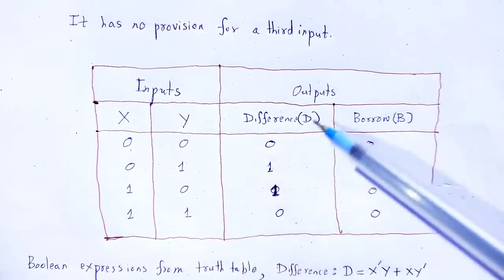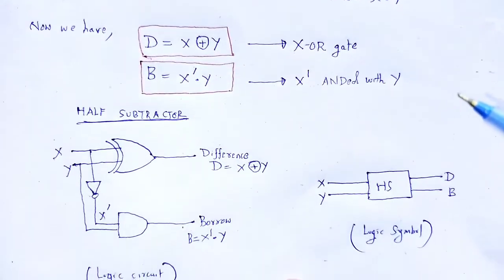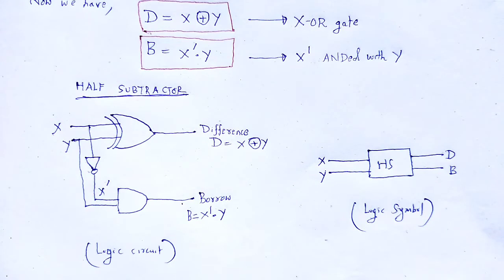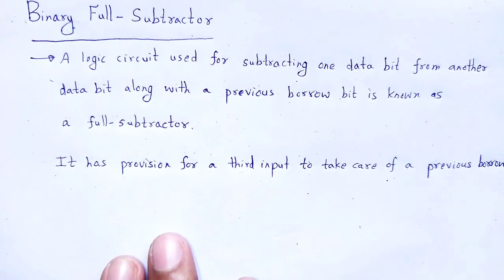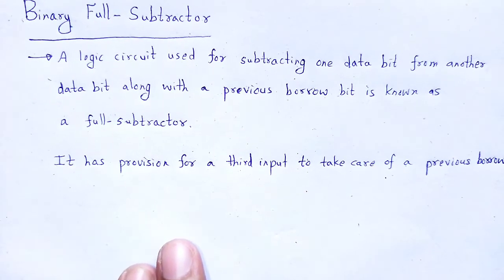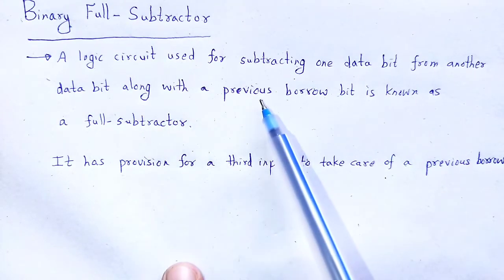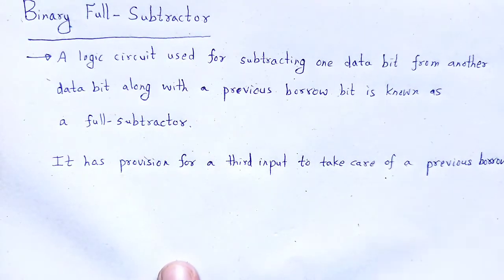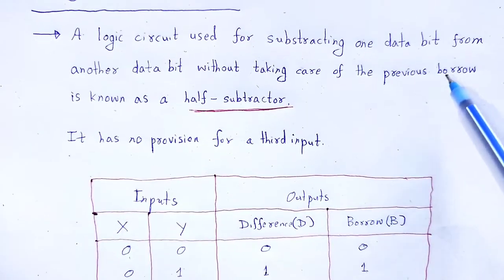That kind of disadvantage can be solved when we are dealing with binary full subtractor. A binary full subtractor is also a logic circuit, basically used for subtracting one data bit from another data bit along with the previous borrow. But in case of half subtractor, there is no such previous borrow.